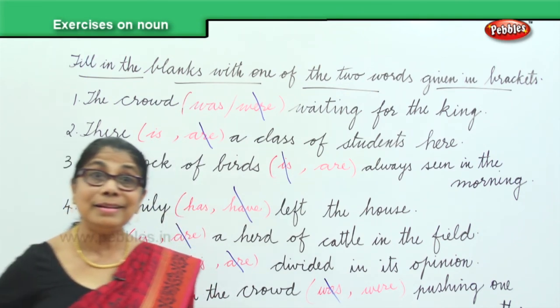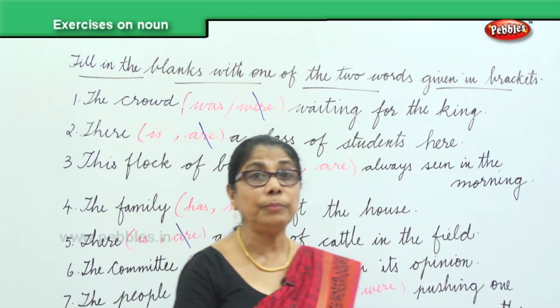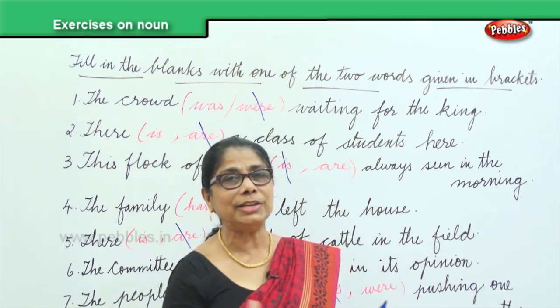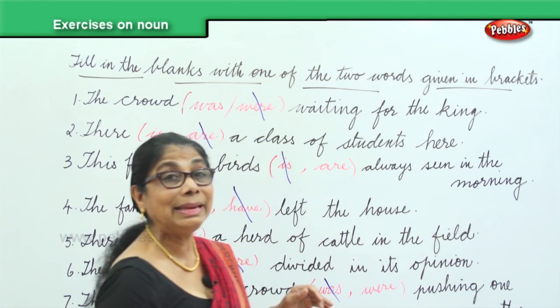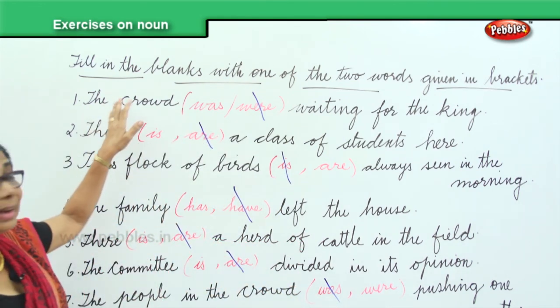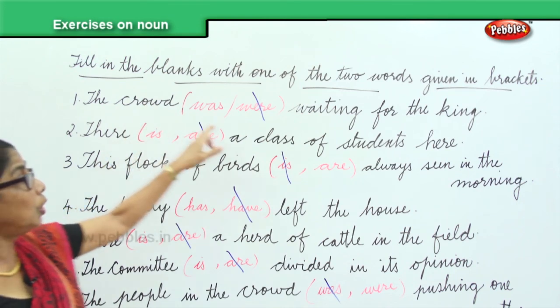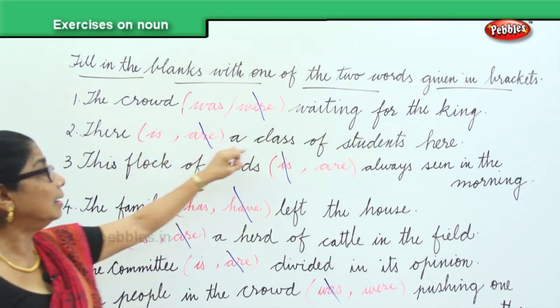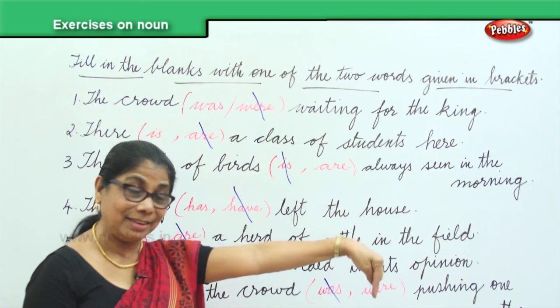So now we learned singular, plural form to choose the correct verb form to make correct changes in the sentences by reading aloud, by writing itself. For the last time, let's read the correct form. The crowd was waiting for the king. There is a class of students here.